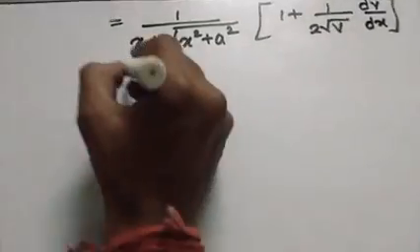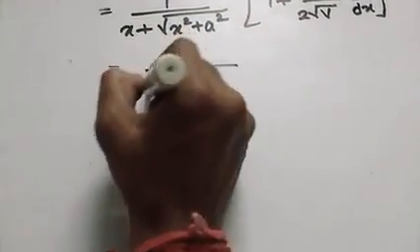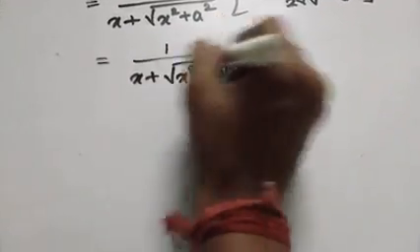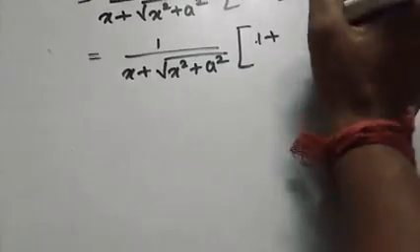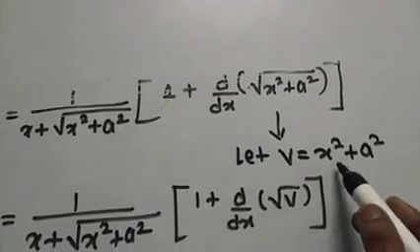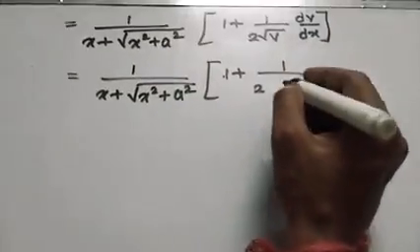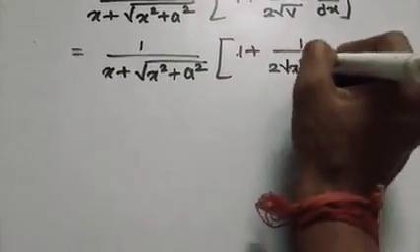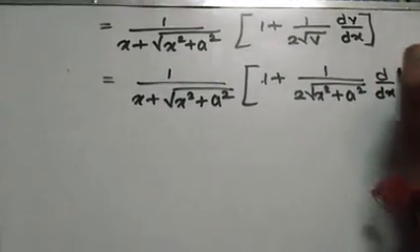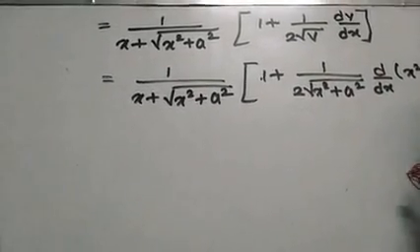So now just putting the value of v, we have assumed v as x square plus a square, that is root over x square plus a square, d dx of v means d dx of x square plus a square.